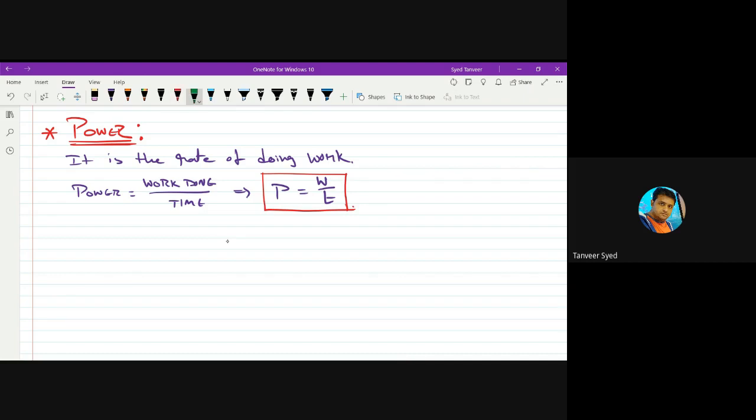Then what is the SI unit of power? Work by time. Work is measured in joule, time is measured in second, so it should be joule per second. But we have given a special name to this unit, which is watt, W-A-T-T, after the famous scientist James Watt. What did James Watt invent?